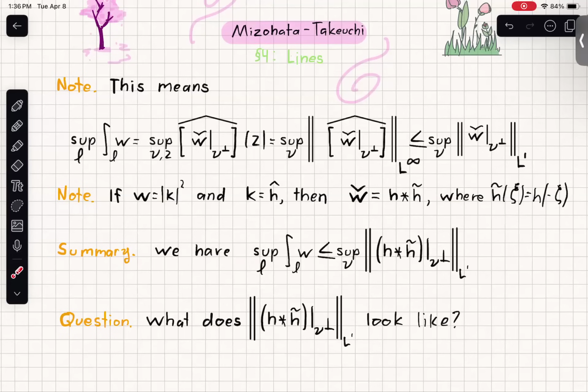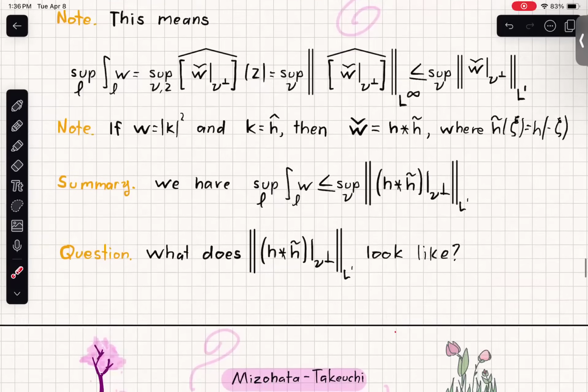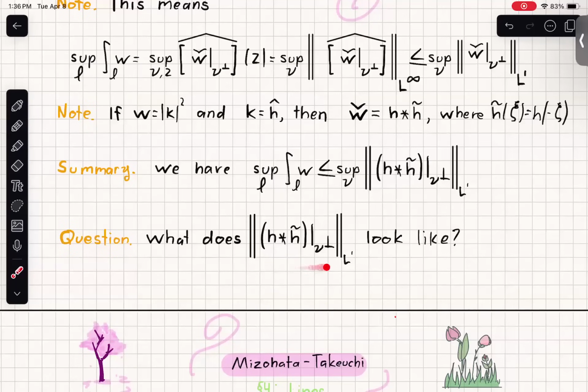So in summary, if you got lost somewhere in there, we were looking to bound this quantity, and we've bounded this quantity in terms of this quantity here. And remember, we should not be scared of convolutions. So hopefully we can figure out how to deal with these convolutions. So now we have to look at this.